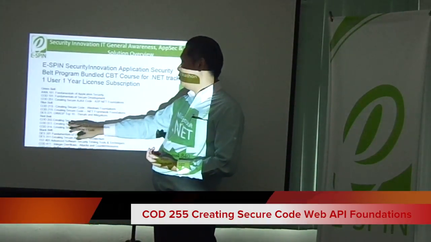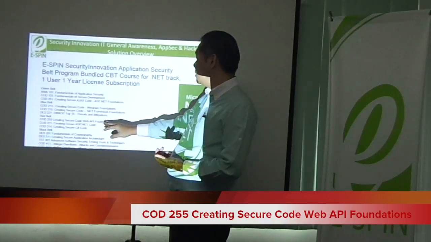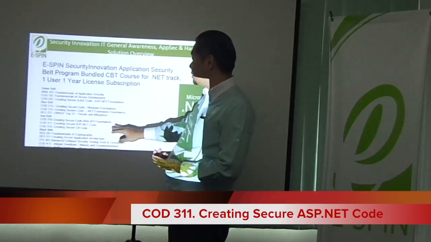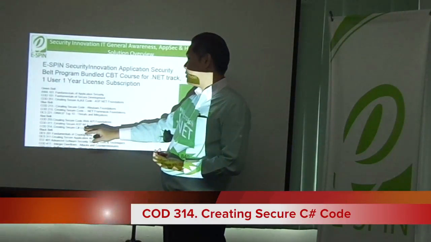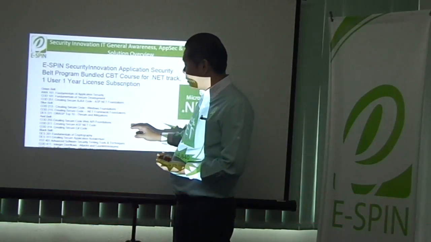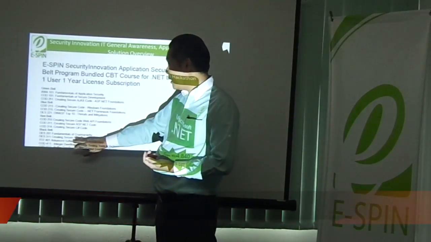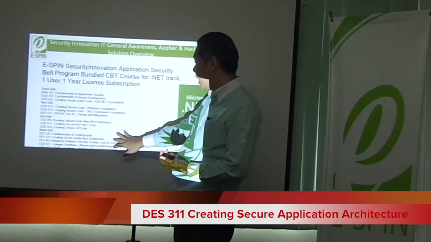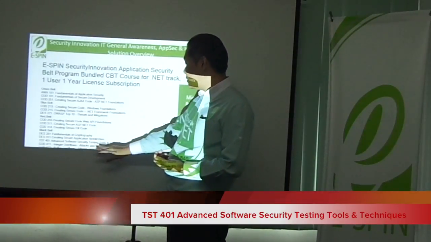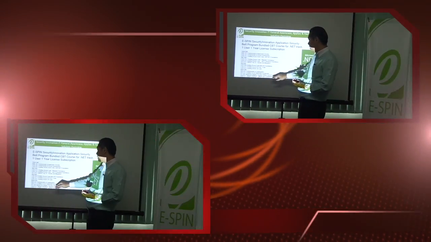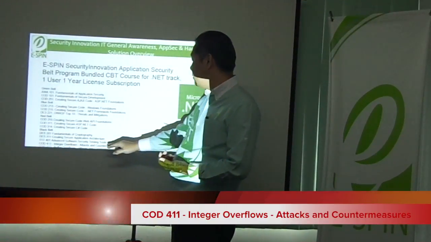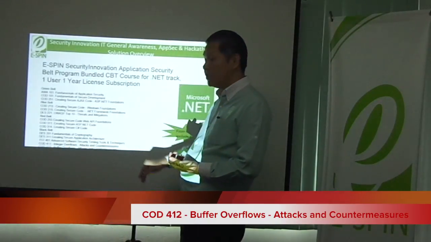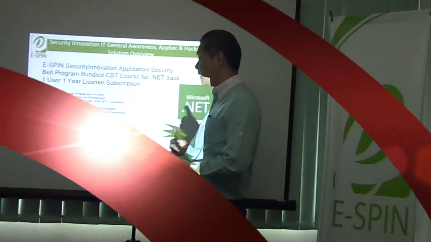And for red build, we have creating secure code web API foundation, creating secure ASP.NET code, and create secure C# code. And continue from there. On the black build, we have the foundation of cryptography, creating secure application architectures, and software security testing tool and techniques, integral overflow attack and countermeasure, and buffer overflow attack and countermeasure in a single package.